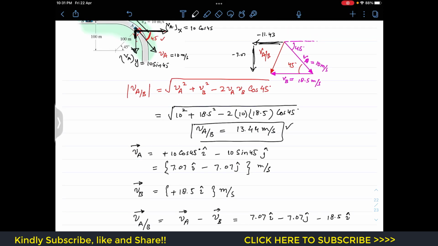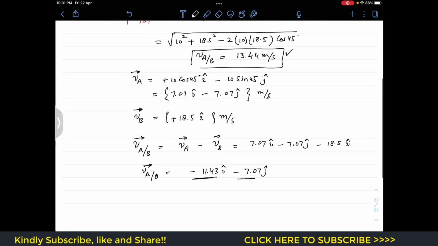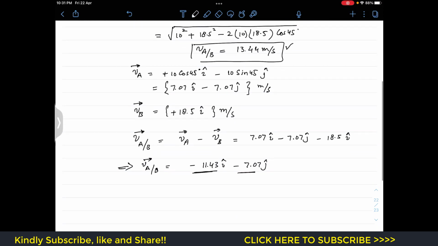Now since we have determined this 13.44 meters per second, we can find that same magnitude by finding the magnitude of this vector.